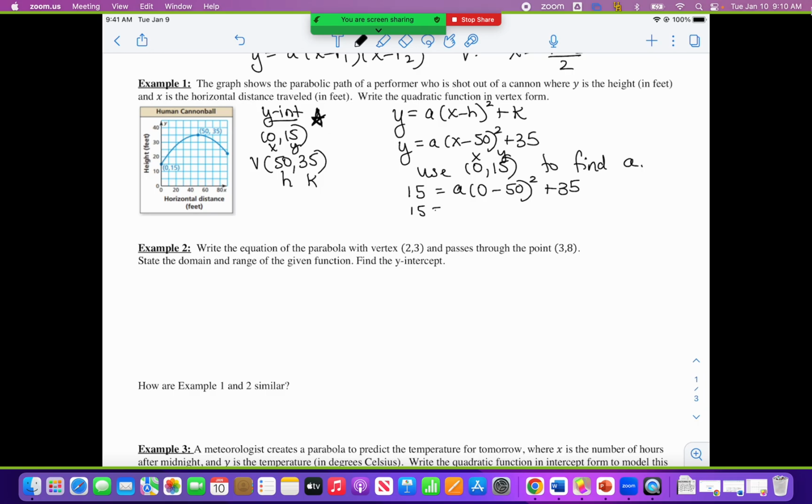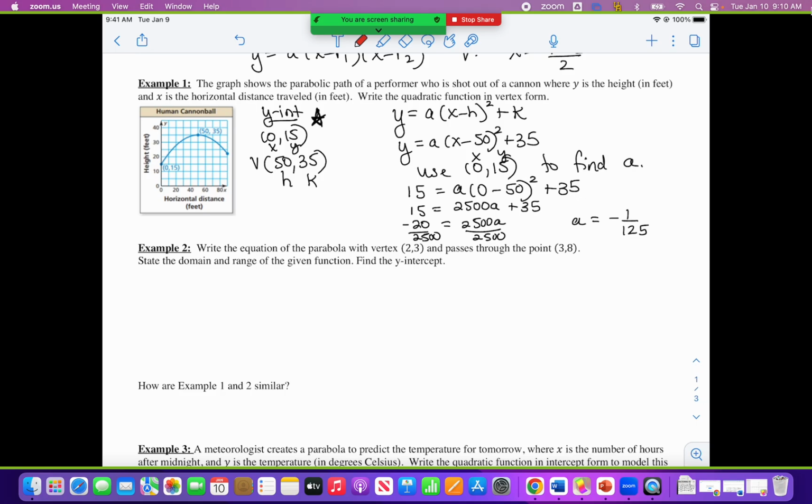So I get 15 equals a times negative 50 times negative 50, which is 2,500. If I subtract 35, I get negative 20 equals 2,500a. Divide by 2,500, and a is negative 1 over 125.